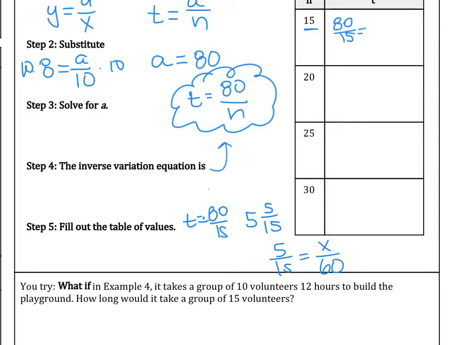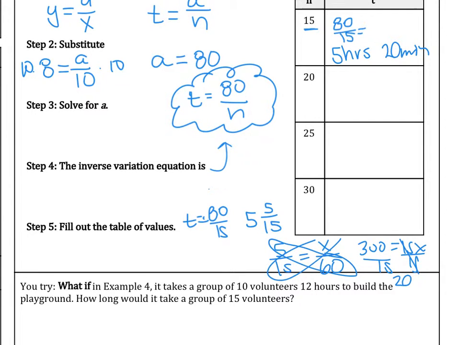So you can solve this by cross multiplying to solve for x. So 300 equals 15x, divided by 15. So 300 divided by 15 is 20. So that means this is 5 hours and 20 minutes.